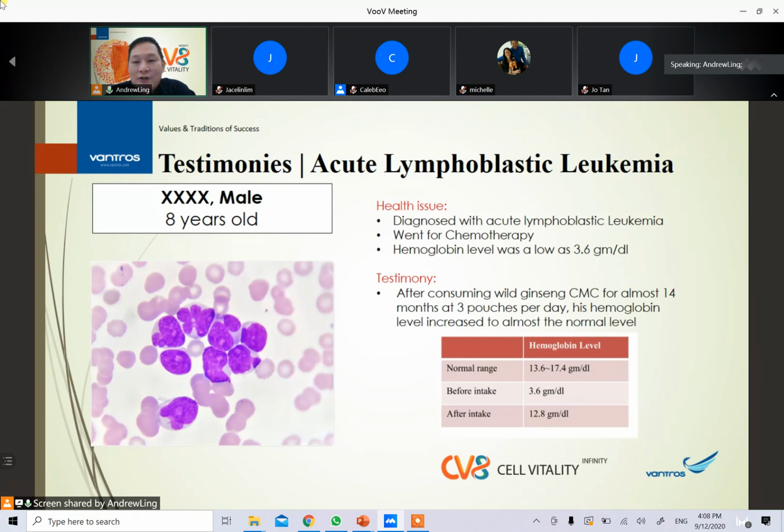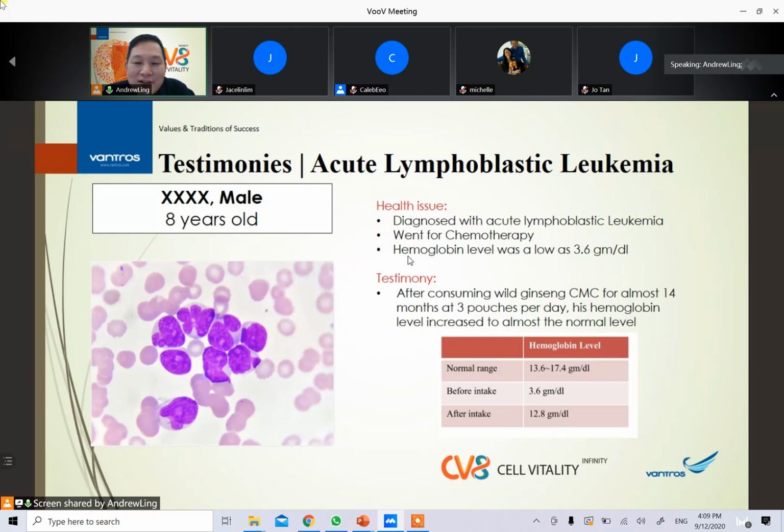Okay, and of course, acute lymphoblastic leukemia. Acute means this is a type of leukemia which can spread very fast, and it is fatal if nothing is done about it. That's why it has the word acute in front. This particular 8 years old kid was diagnosed with this leukemia, and he went for chemotherapy.